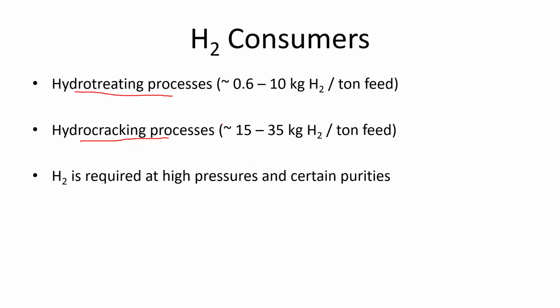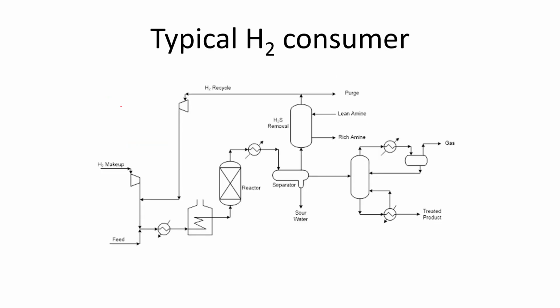For both of these processes, the hydrogen is required at high pressure and at certain purities. The hydrocracking process typically requires a higher pressure than hydrotreating. The heavier the feed, typically the higher the pressure we use, to remove the impurities and to get the hydrocracking process to run toward our needs.